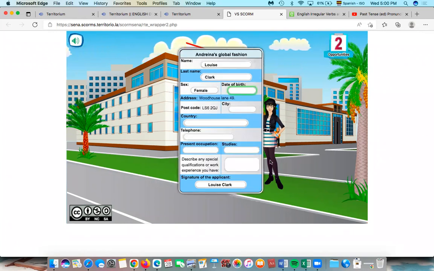You have two opportunities to do it. You need to listen to her and then complete the information, like the date of birth. It's not long, but you need to pay attention to every single piece of information that she says.